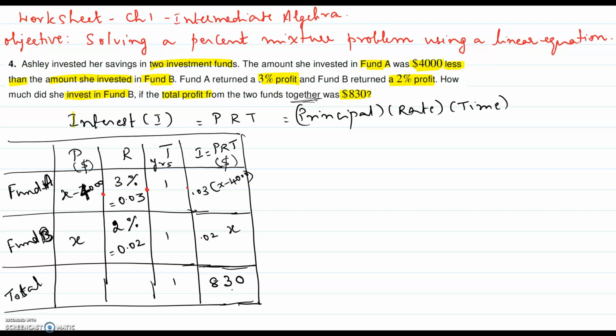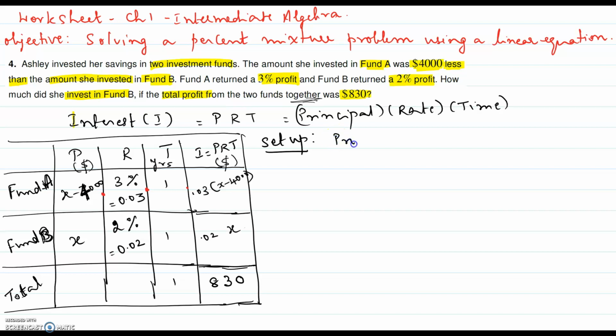Now we are ready to set up an equation. So Fund A profit plus Fund B profit together amounts to 830. That is the setup of the equation. This is the very important step in the problem, setting up an equation.